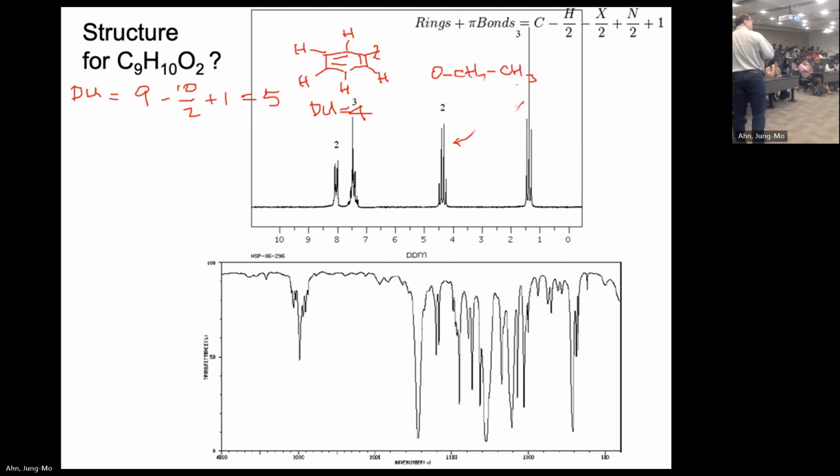So what are these two? That's something that I ask you to recognize, remember the pattern. Quartet, triplet, 2 hydrogens for the quartet, 3 hydrogens for the triplet. That is a pattern for the ethyl group, right? We're telling this CH2 is a quartet because of the CH3. This CH3 becomes a triplet because of the CH2. And then these chemical shifts change depending on what they have next to them. But this one is over 4.3.